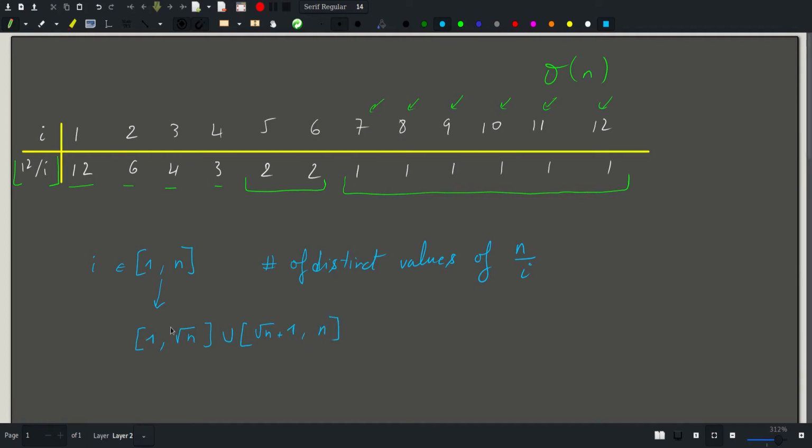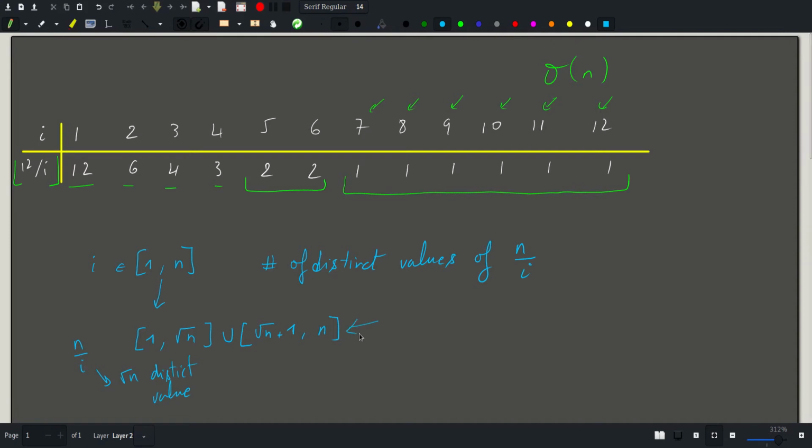So in this first part, even if n over I for all I's belonging to this interval are distinct, I only have square root of n values for I. So even if they are all distinct, n over I will only have square root of n distinct values.